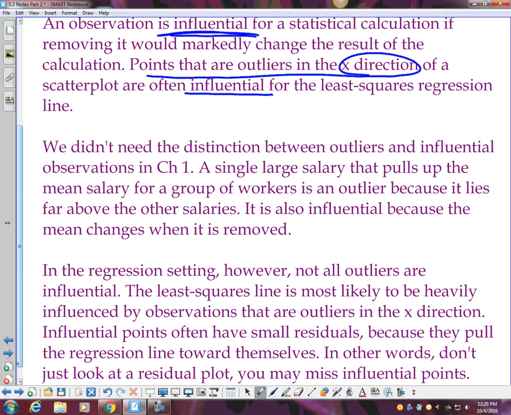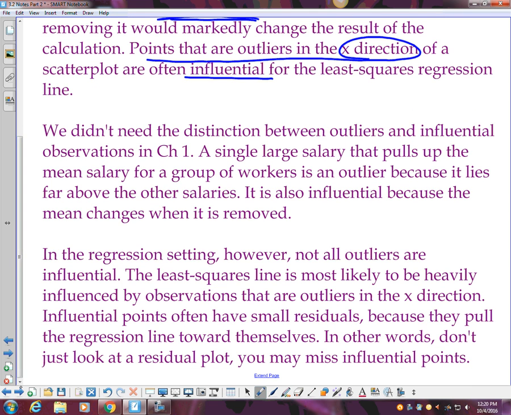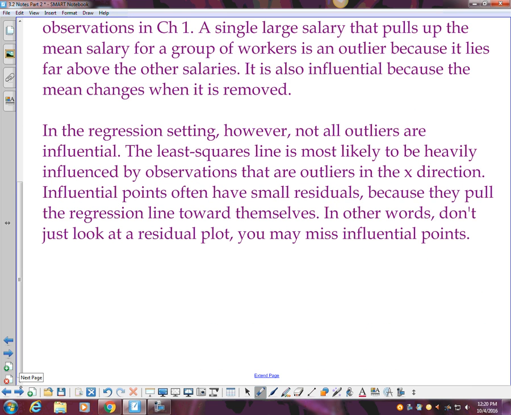In the regression setting, however, not all outliers are influential. This is just recapping what we've already talked about. The least squares line is most likely to be heavily influenced by observations that are outliers in the X direction. One more time: the least squares regression line is most likely to be heavily influenced by observations that are outliers in the X direction. Child number 18.